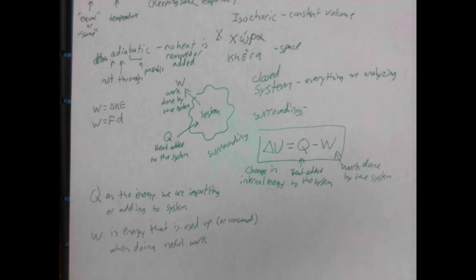Yeah, it'll start to keep the same volume. So what does the piston do? Nothing. So how much work is the piston doing? None. So work is equal to 0 joules. Now isochoric system. If the volume doesn't change, then the piston is doing no work.